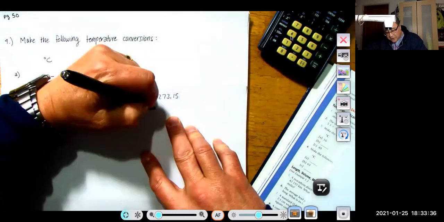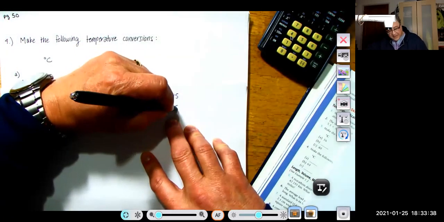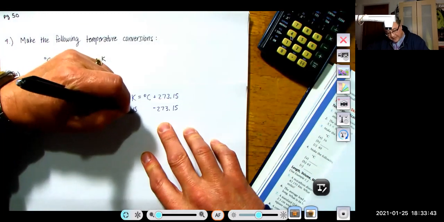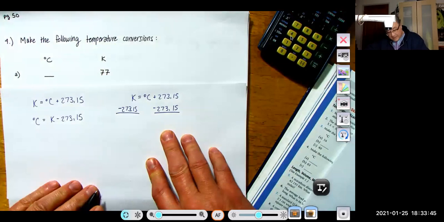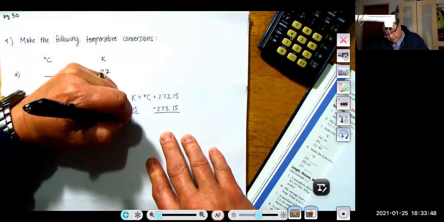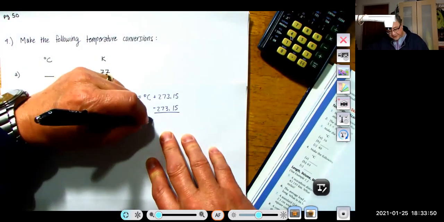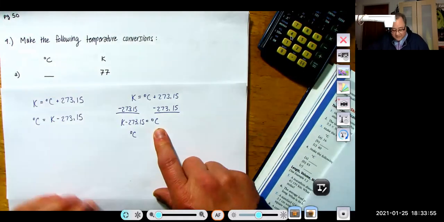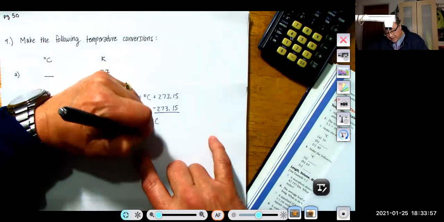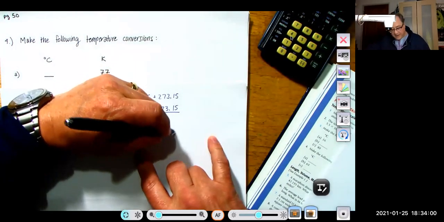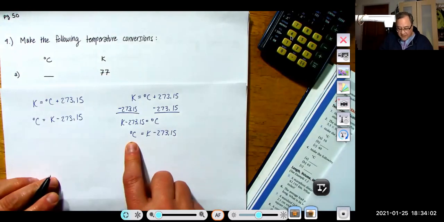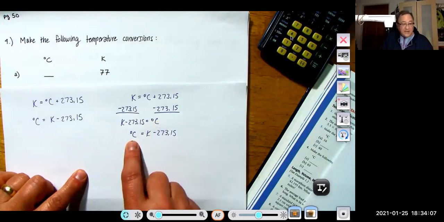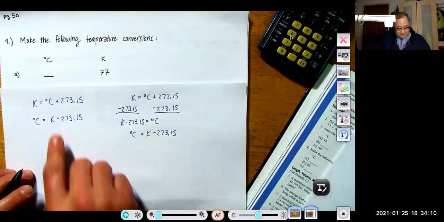I'm subtracting 273.15 from this side, and I'm subtracting 273.15 from this side. And I'm getting K minus 273.15 is equal to degrees Celsius. And then I'm switching the degrees Celsius to the left and the K minus 273.15 to the right. Because it turns out that if you have A is equal to B, then B is equal to A. So that's how I got here.